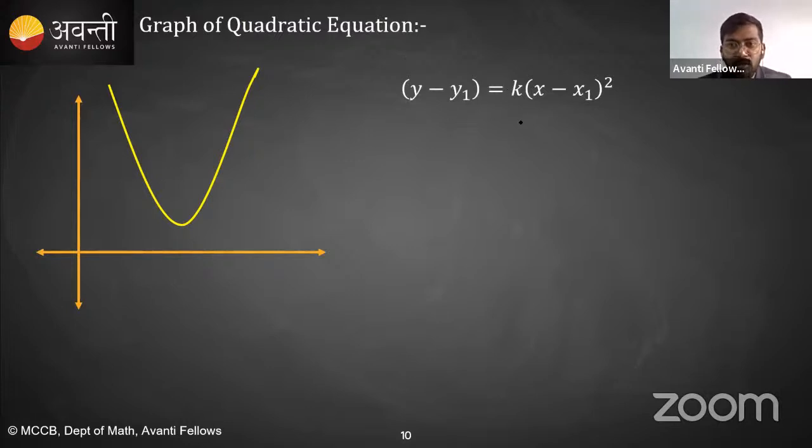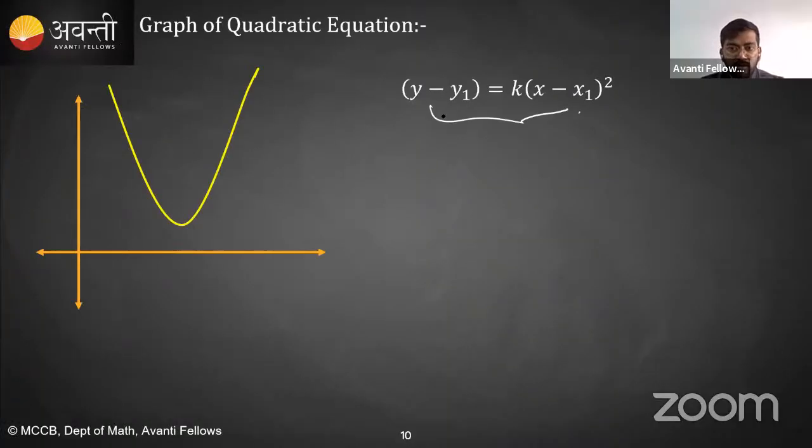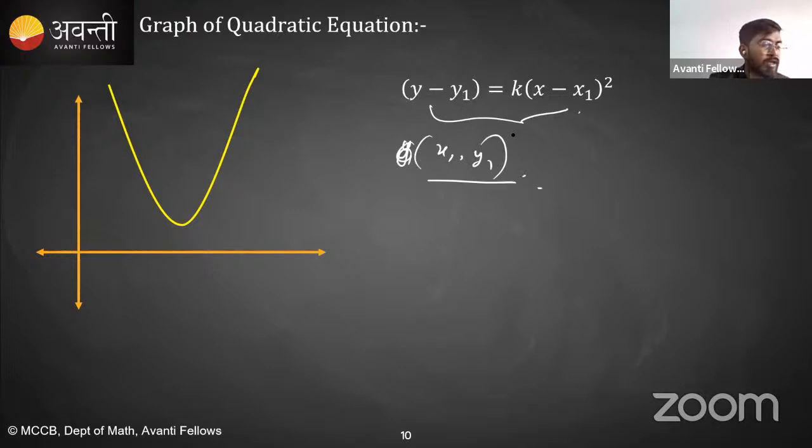Now in this scenario, how will the graph look like? See here, the vertex is x1 comma y1. So x1 comma y1 can be anywhere, right?